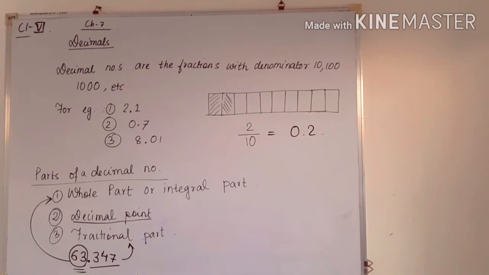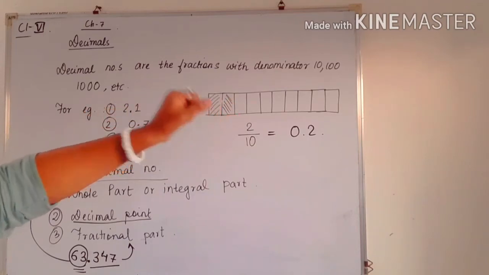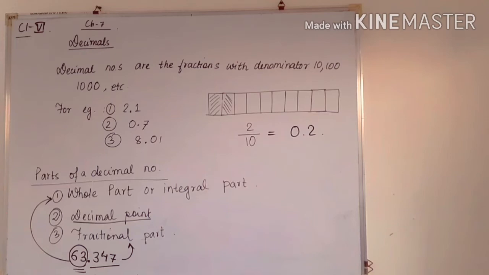See, 0 means the whole part is not there. The total number of boxes, 10, is our whole, and out of that whole we are just coloring 2 equal parts. That means we don't have any whole now; we are taking only 2 parts of it.